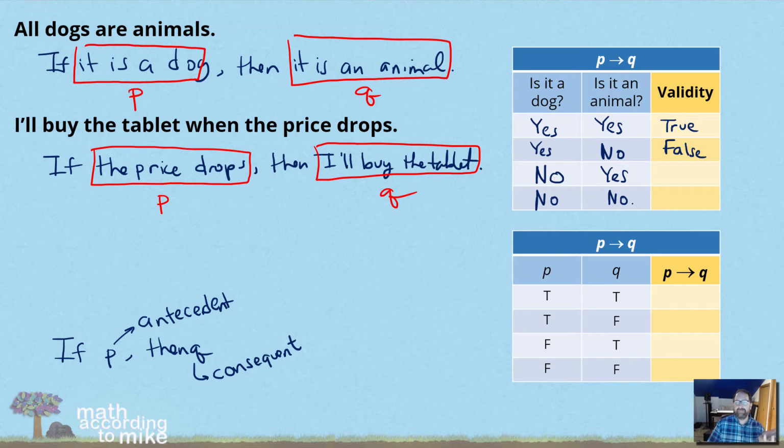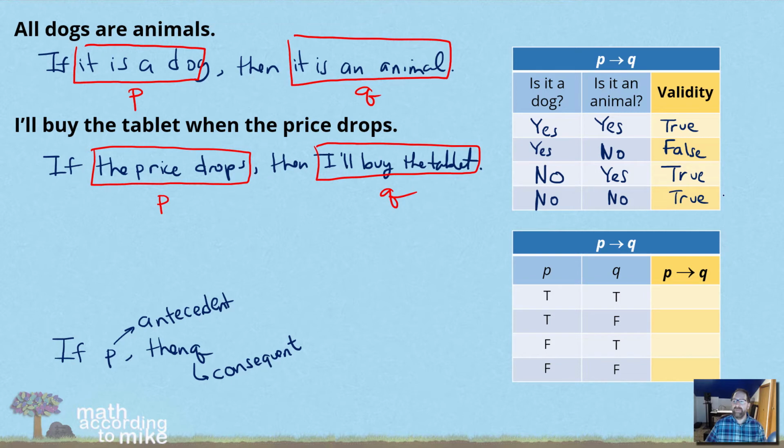So if the if part is false, we give the benefit of the doubt, and say it may or may not be an animal. Just because it's not a dog doesn't mean it's not also an animal. So the validity is true.